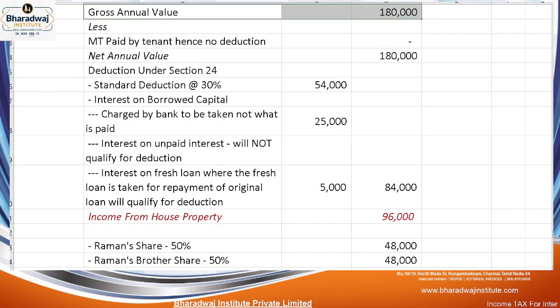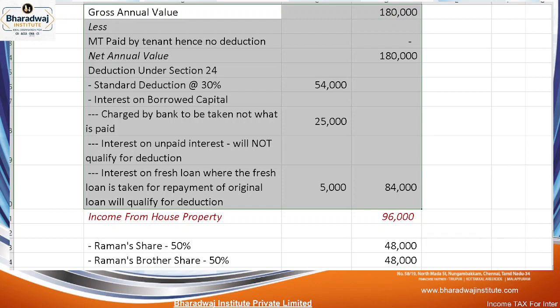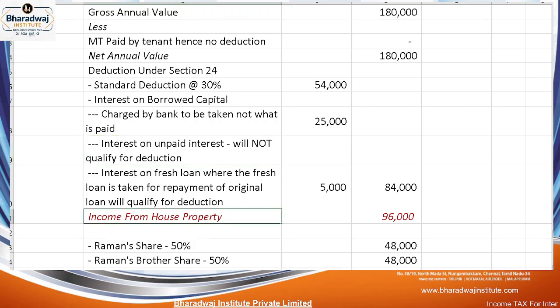Gross annual value 1,80,000 by applying steps. Municipal tax cannot be claimed as a deduction. Then NAV is 1,80,000. Standard deduction 30%. Interest on capital 25,000. Interest on loan taken for repayment of another loan, yes, it can be claimed. Interest on unpaid interest cannot be claimed as a deduction because it's like a penalty paid by you. 96,000, equal share 48,000, 48,000.